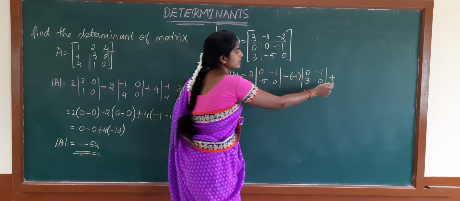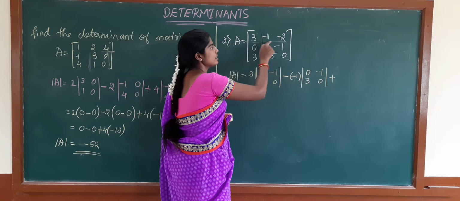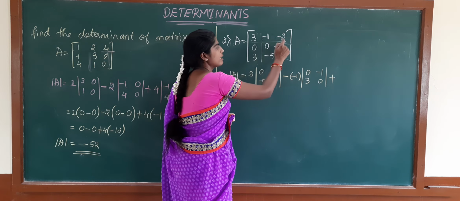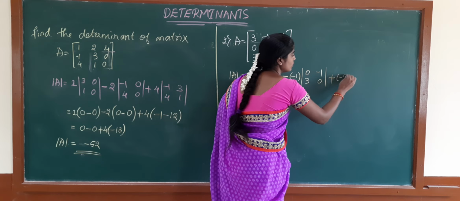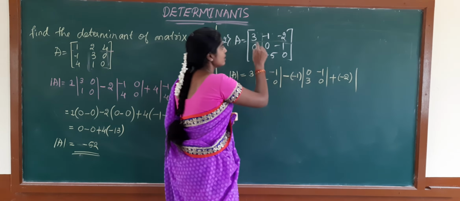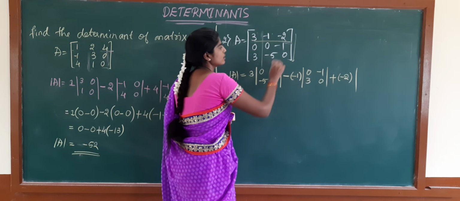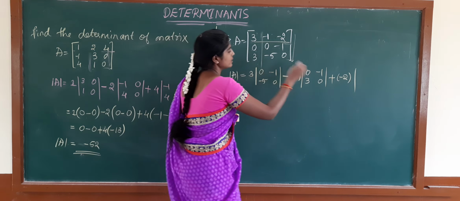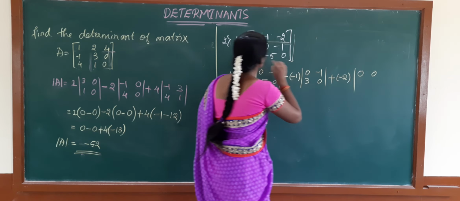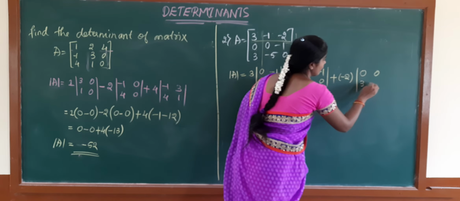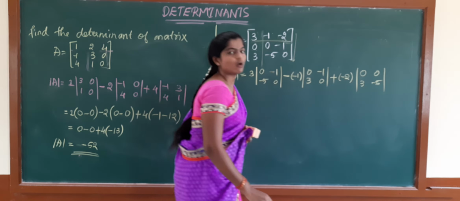So next it is plus. The third element, the first row third element, is -2. The determinant, leaving the first row third column, what do we get? That is 0 0 3 -5. So we have to solve this.